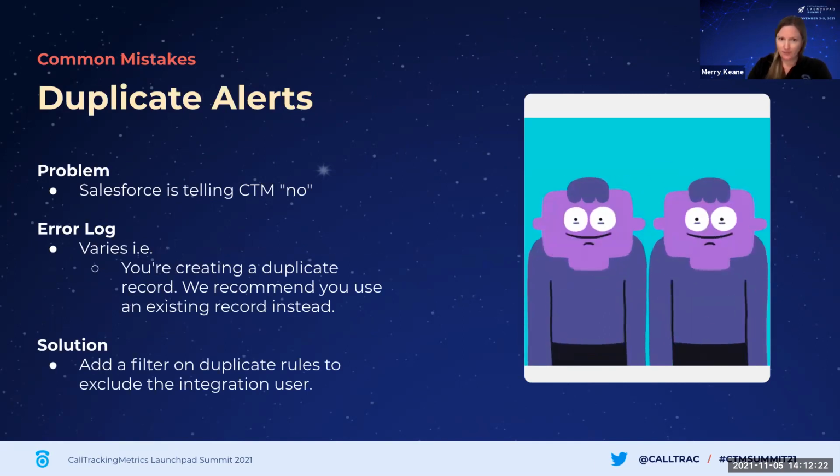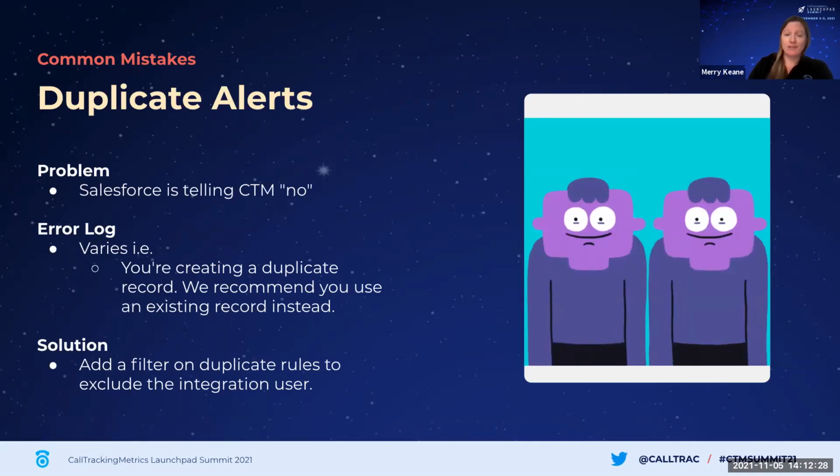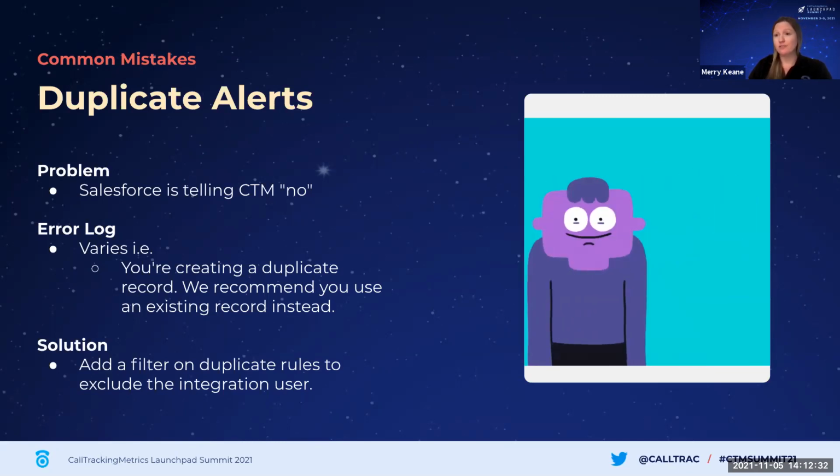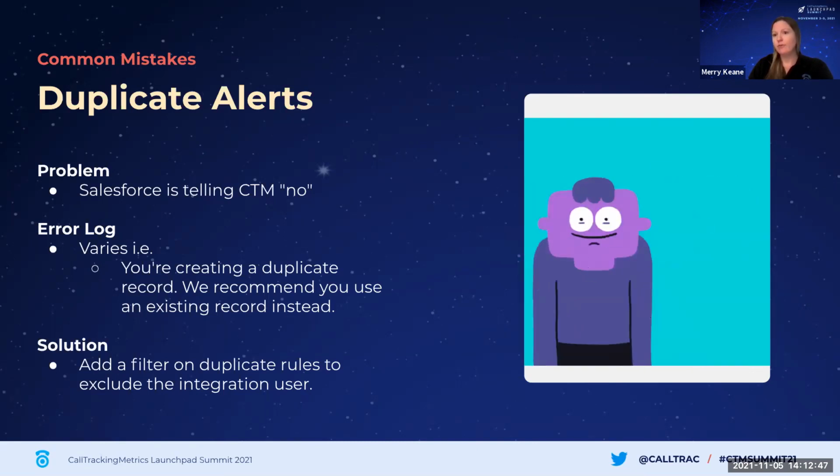Duplicates. This is something that all Salesforce users across the world run into in some capacity, and our integration and our customers are also no stranger to this. When CTM tries to create a new lead or a contact record, Salesforce will respond to us basically just saying no. You'll see this in your error log, something like "you're creating a duplicate record.